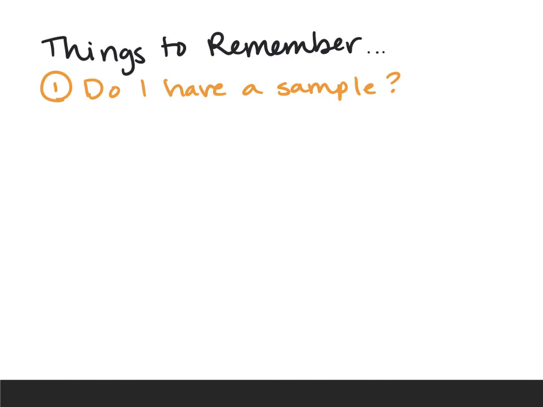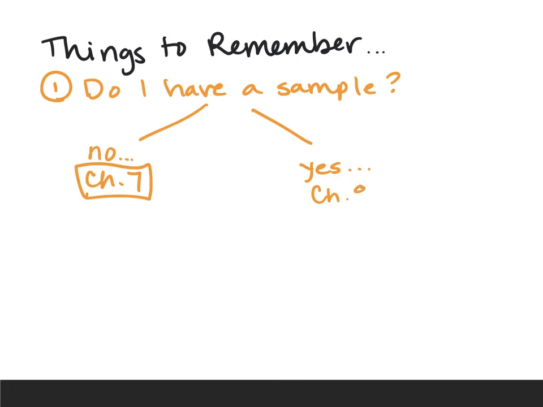If I don't have a sample, then it's just chapter 7, use a normal CDF and do it like we were doing before we even started this section. If I do have a sample, then I can apply what I've learned in Chapter 8.